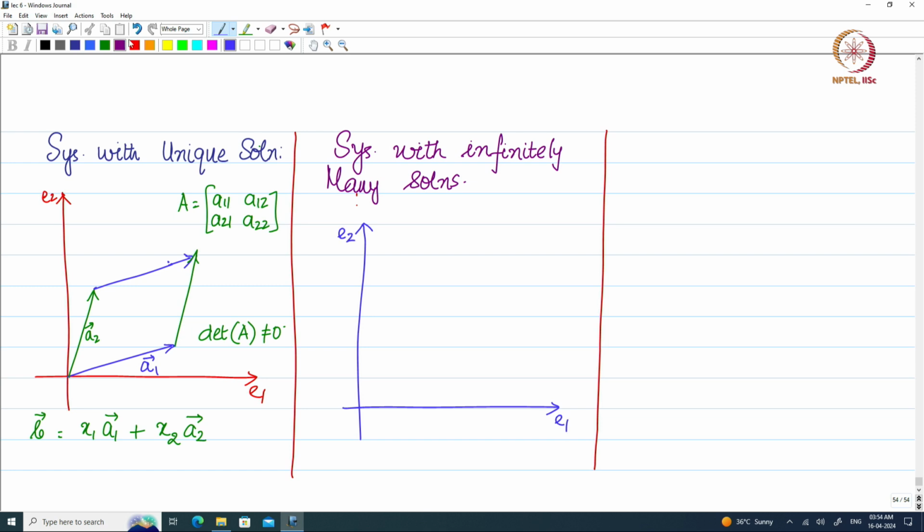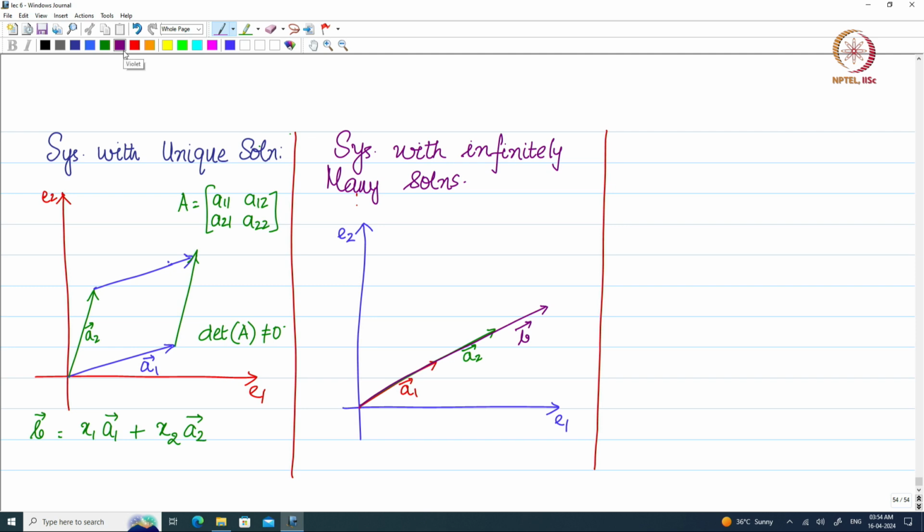Suppose this is my A1 vector, that means the first column. The second column of the matrix A2 is a multiple of A1, and the right hand side B vector is also along the same direction. This is my B vector. If this is the case, then we will have a system which has infinitely many solutions.